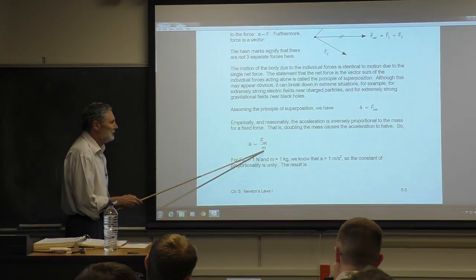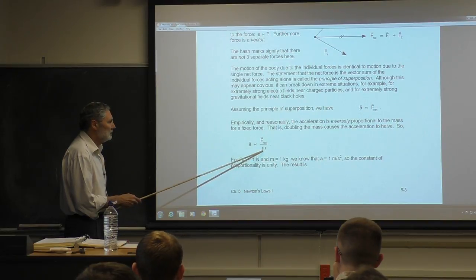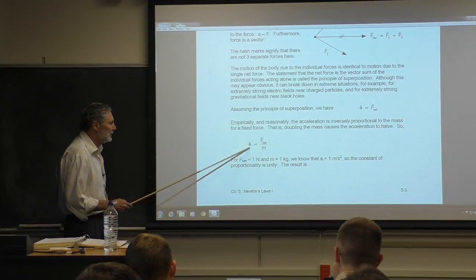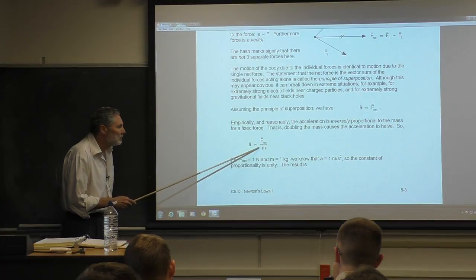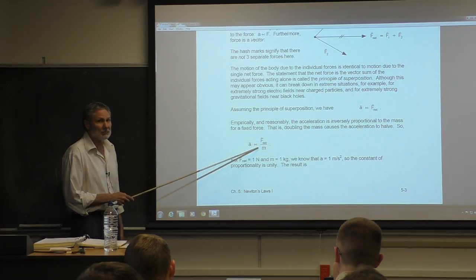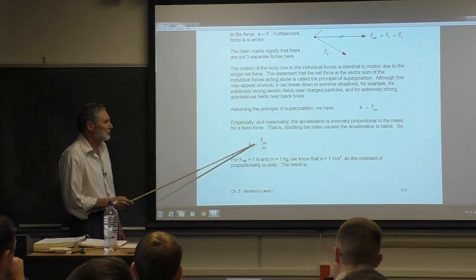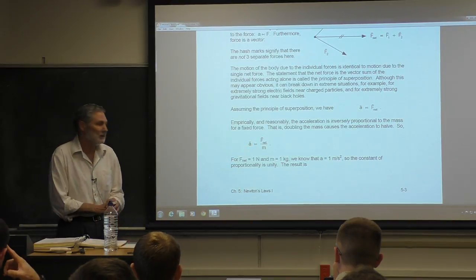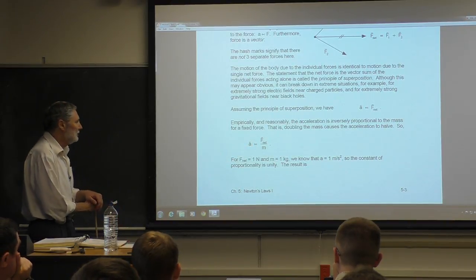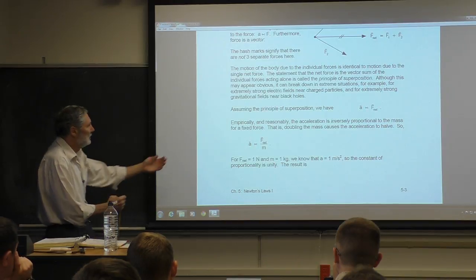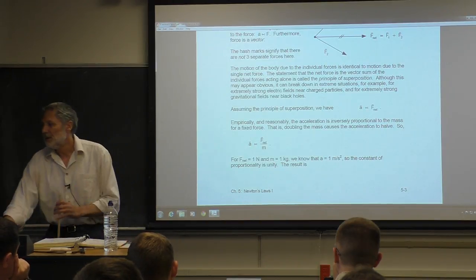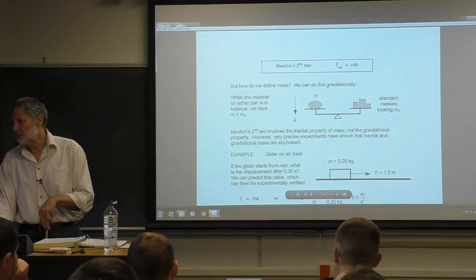By definition of a Newton, we get 1 meter per second squared. So you can see the proportionality constant here is just 1. We can just replace this proportionality sign with an equal sign because for the case of 1 Newton, 1 kilogram, we've got 1 meter per second squared. So the result is Newton's second law.